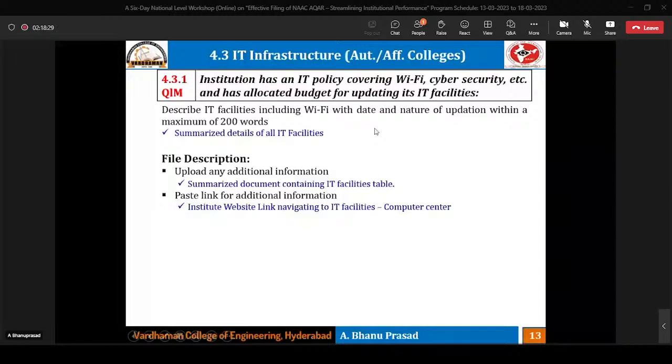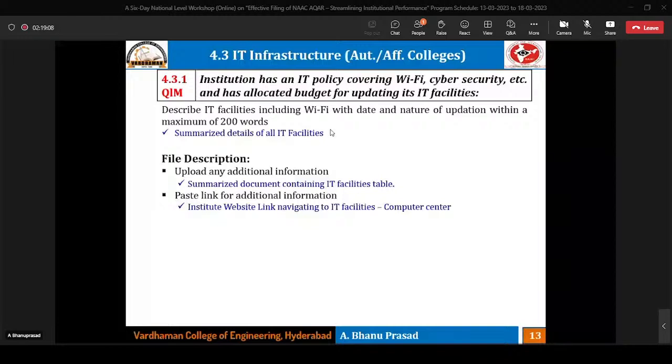So you can write down what all the IT facilities are, like computers, the Wi-Fi availability, the firewall availability. You can have a computer center or data center room, and you can monitor all the computers, LAN connected or Wi-Fi connected, and how it functionalizes all the administration as well as academic units, and how the ERP available in the college can be described here.